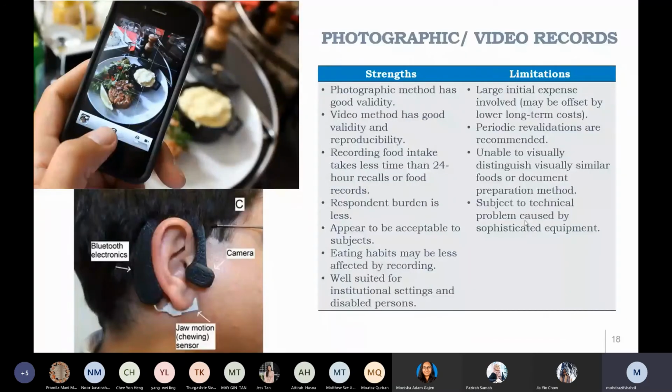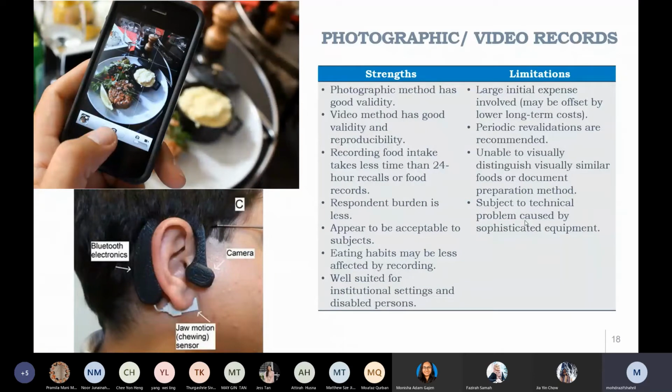As for the strengths and limitations of these methods, the strength is that the photographic method has very good validity in the studies reported. The video method also has good validity and reproducibility. Recording food intake takes less time than 24-hour recalls or food records, because you just have to pick up the camera and click to take the picture.